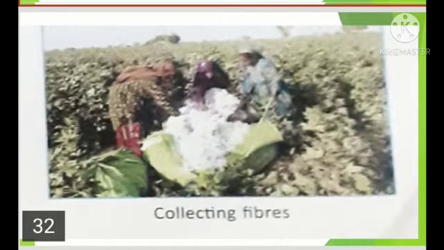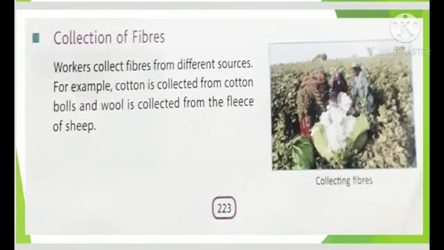This is a picture showing you how laborers collect the fibers from the farm. This is the picture of collecting cotton fiber from the cotton crop. Likewise, other fibers, for example, fleece from the sheep and jute from coir.